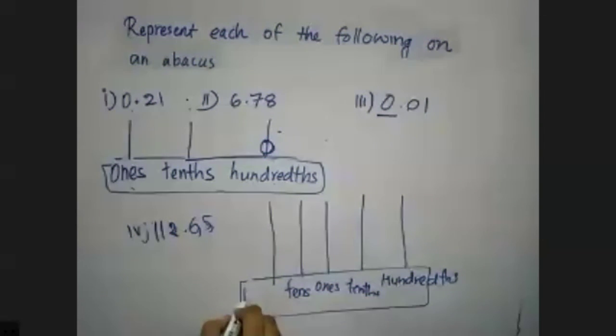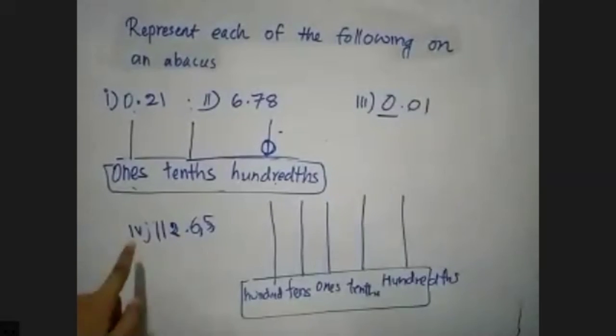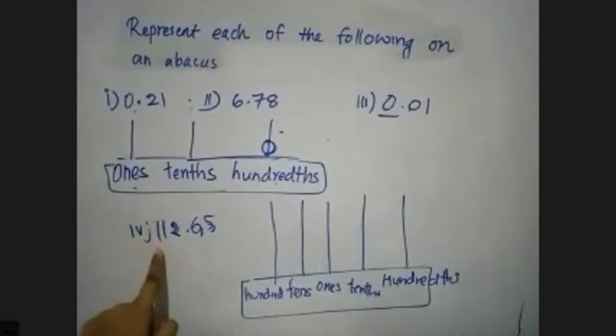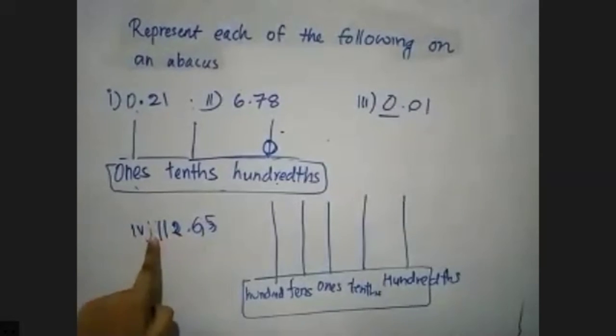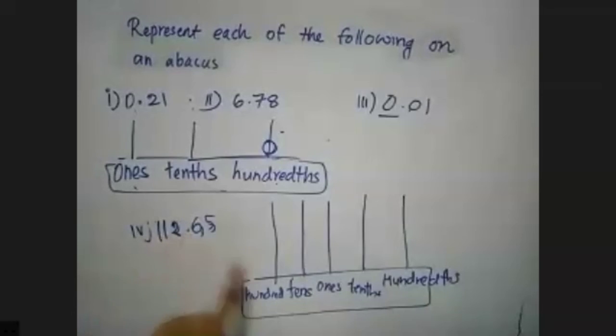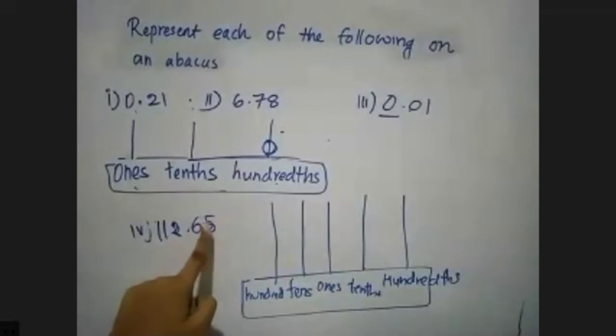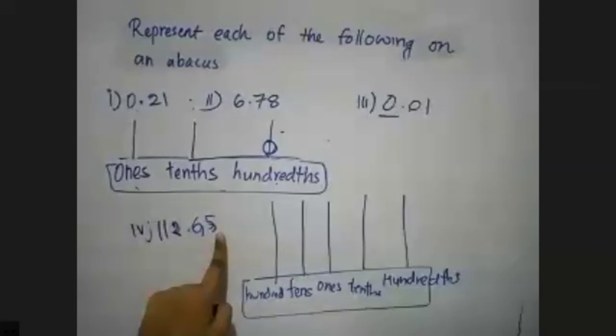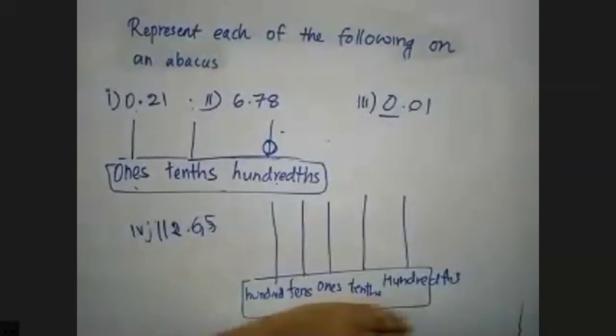This one is hundreds, H-U-N-D-R-E-D. Now listen, how did I write that? Because I'm reading this number, 112. 112 means hundreds place, tens place, ones place. After the decimal point, I know that they are tenths and hundredths. So that's how I name this abacus.